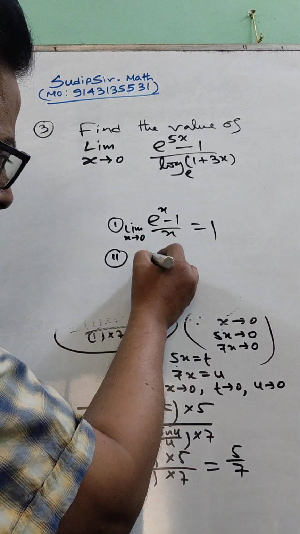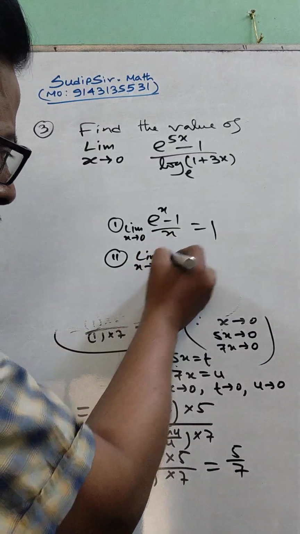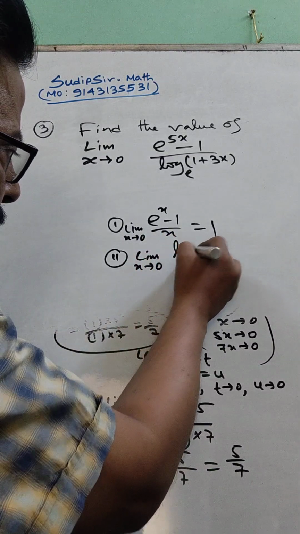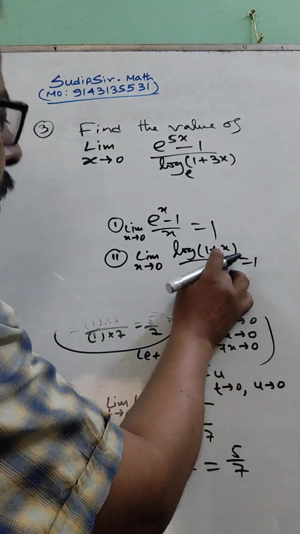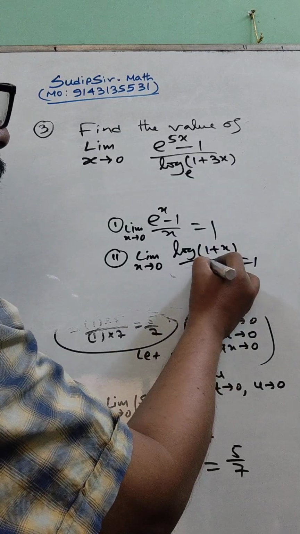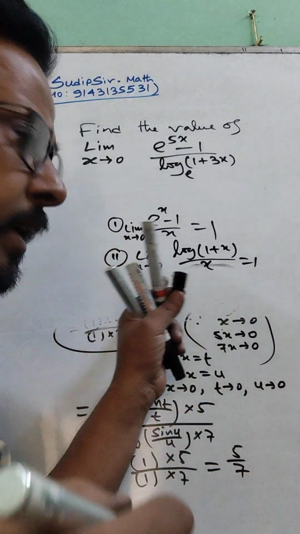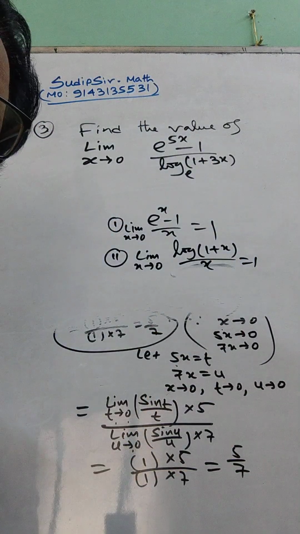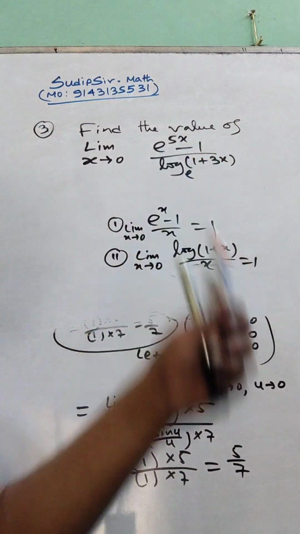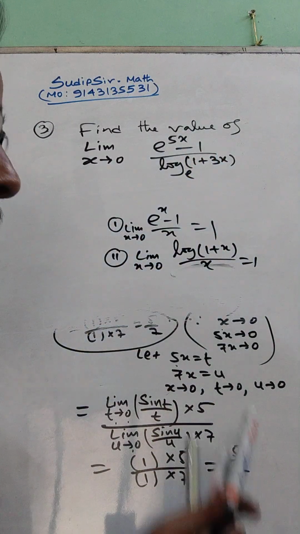Recall this, limit x tends to 0, log of 1 plus x by x equal to 1. So recall these two formulas, and we will apply this to the given problem.